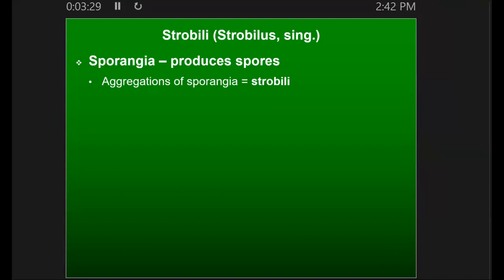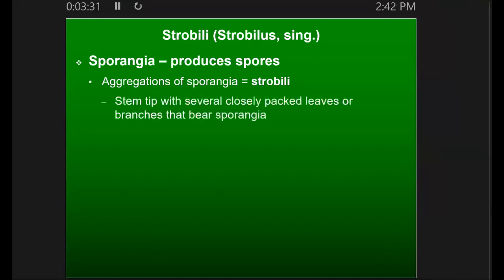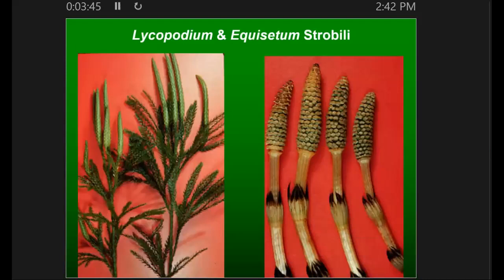Okay? So a lot of the seedless vascular plants use that strategy, and they think that it was a stab at something similar to a flower that you see with the angiosperms. So they often say it was the forerunner of the flower. Here you can see some strobili. The club moss is on the left. You can clearly see the tightly packed leaves and sporangia tissue.